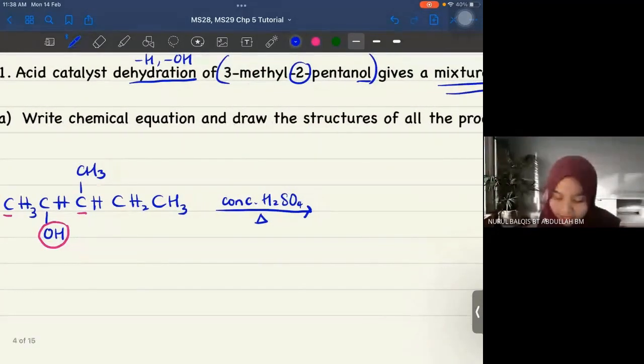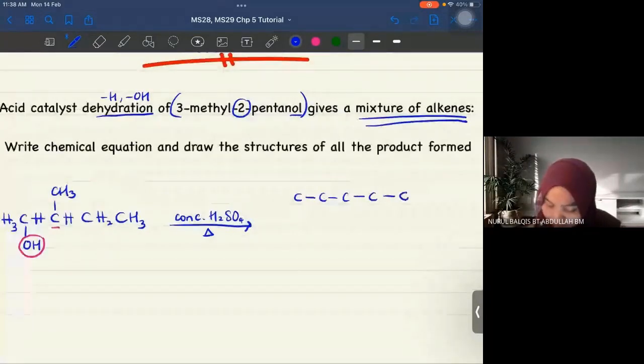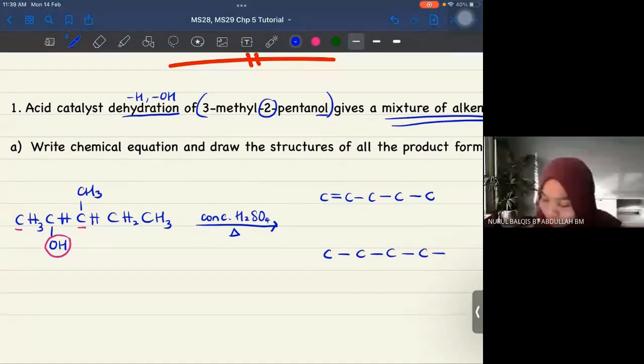Jadi kita lukis siap-siap lah. Kalau kita remove the first carbon hydrogen, so kita lukis 1, 2, 3, 4, 5, and then we form the double bond between first and second carbon. Kalau yang satu lagi, kita form 1, 2, 3, 4, 5 buat antara carbon number 2 and 3. Jangan tinggal macam ni, structure ni tak betul.